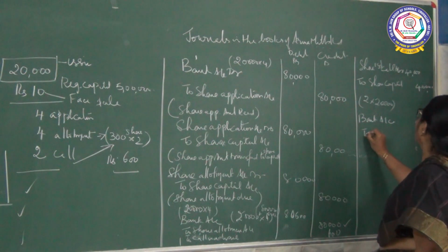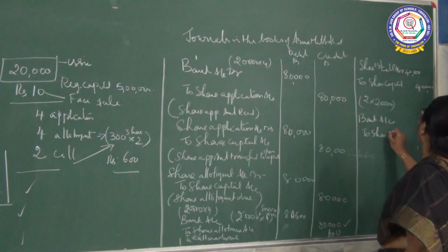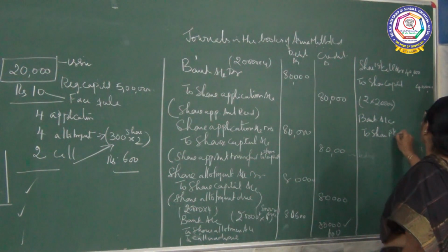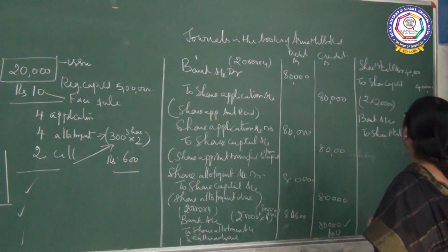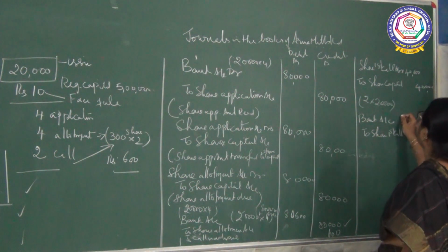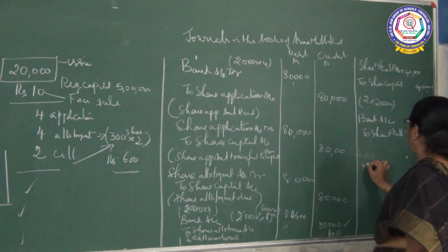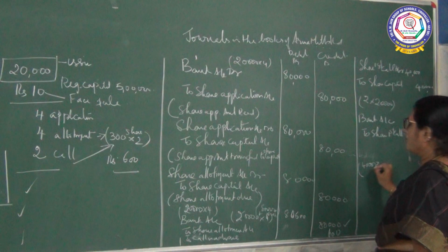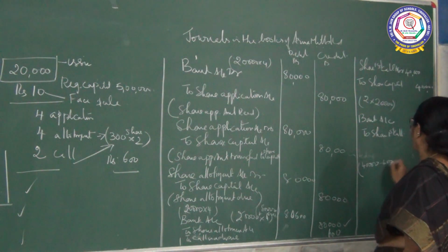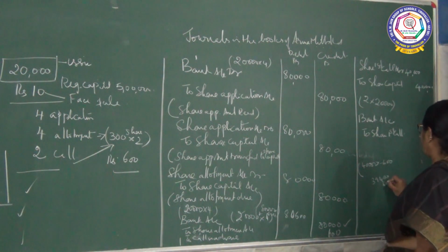So bank account debit to share first call. So what is going to happen here? How much is going to the bank? Will the entire amount be going? 40,000 will go? No, 40,000 minus 600. That comes to how much? 39,400 plus 600 is what? 40,000, right?